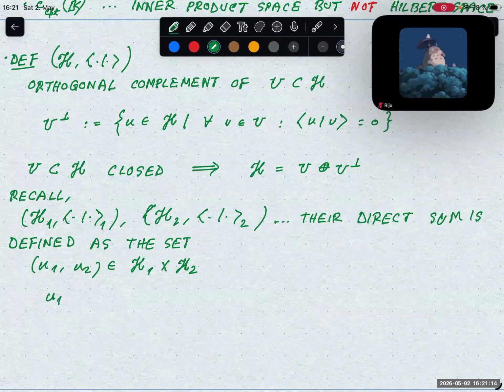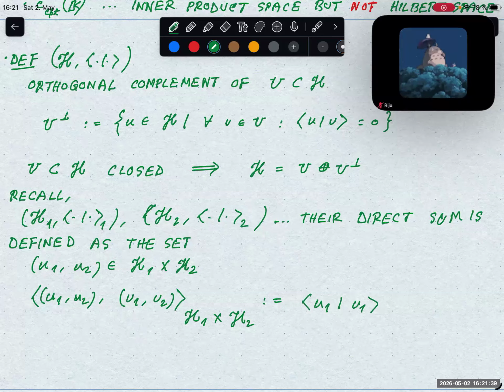I want to write u1, u2 as a pair like this, and then take the inner product with v1, v2. This is given by the inner product of u1 and v1 in H1 plus the inner product of u2 and v2 in H2.